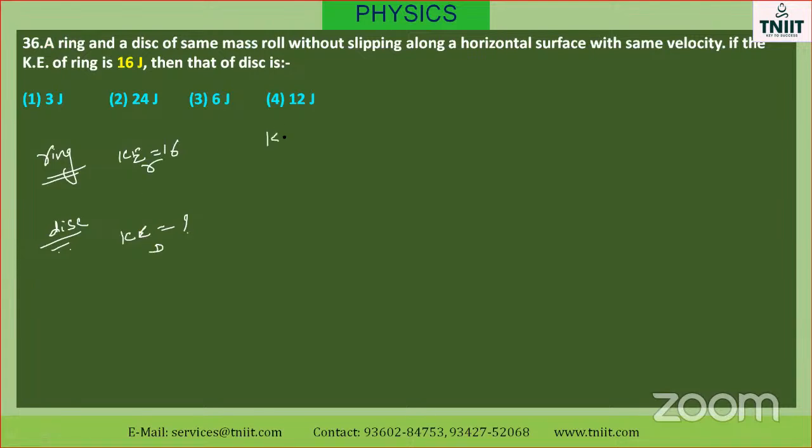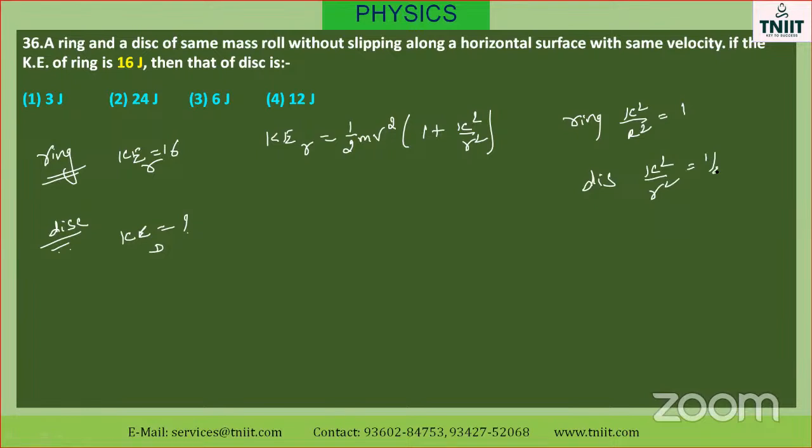In rolling, there is both translation and rotation. So the kinetic energy is given by the formula half mv squared into 1 plus k squared by r squared. Please remember, for a ring, k squared by r squared is equal to 1. For a disk, k squared by r squared is 1 by 2.